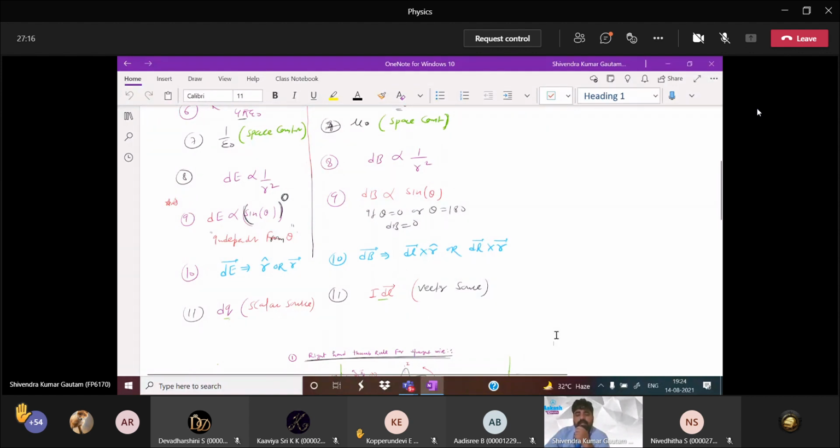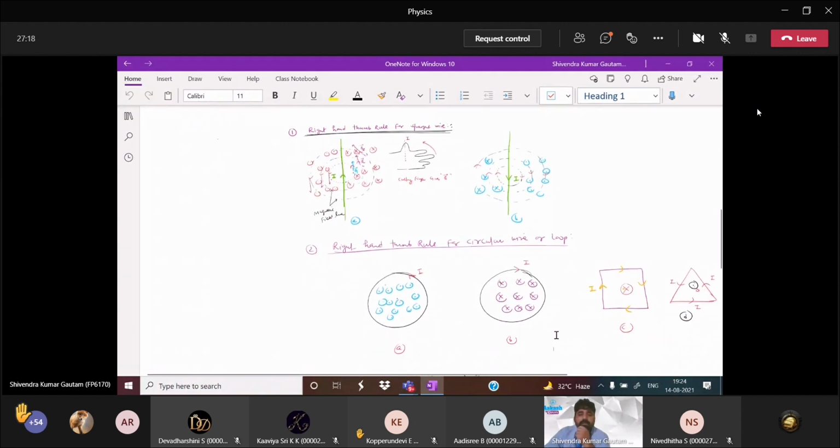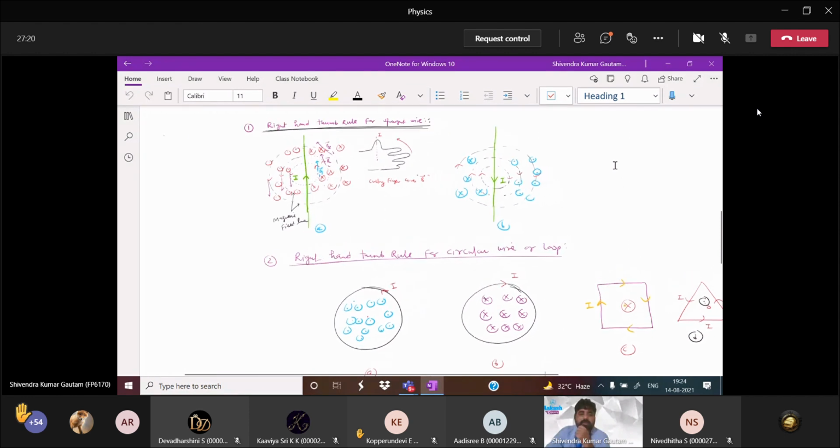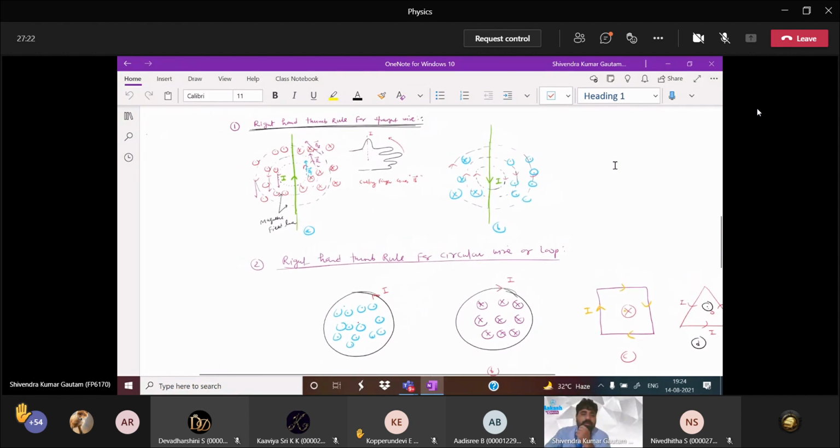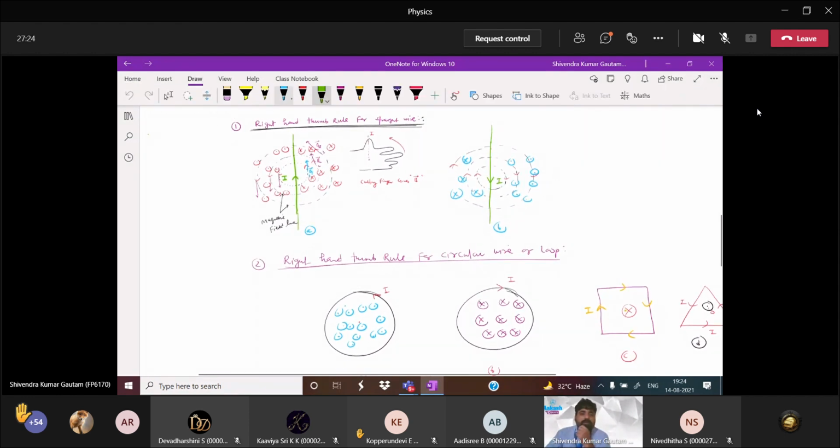Then direction of magnetic field. These are rules. The first rule is the right hand thumb rule for straight wire. Your thumb should be in the direction of current, then the curling fingers are coming towards you or away from you.